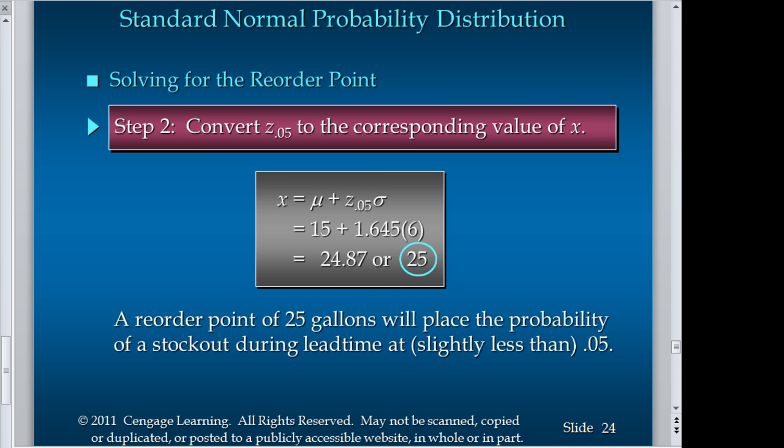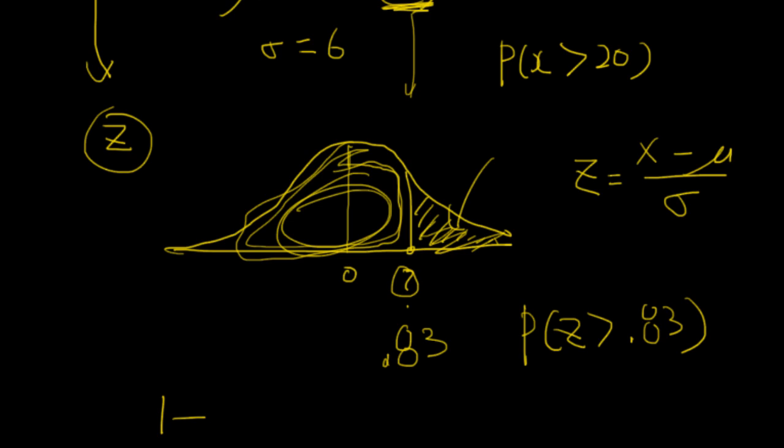Now let me go to that smooth draw again and explain where they get this. Remember that conversion formula, z equals x minus mu over sigma.